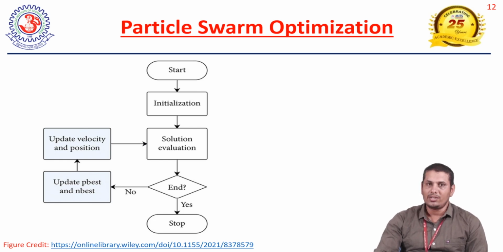If it is not satisfied, once again we have to update our velocity and position, that is the distance and the probability we have to change. Velocity and position are nothing but the distance and the level, which we can consider as position. In a real-time application, a group of birds starts to fly in some position. It is not going to fly in the same position itself.